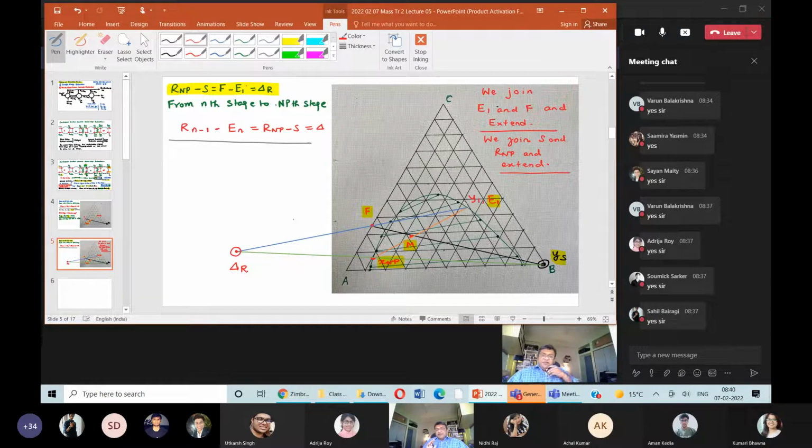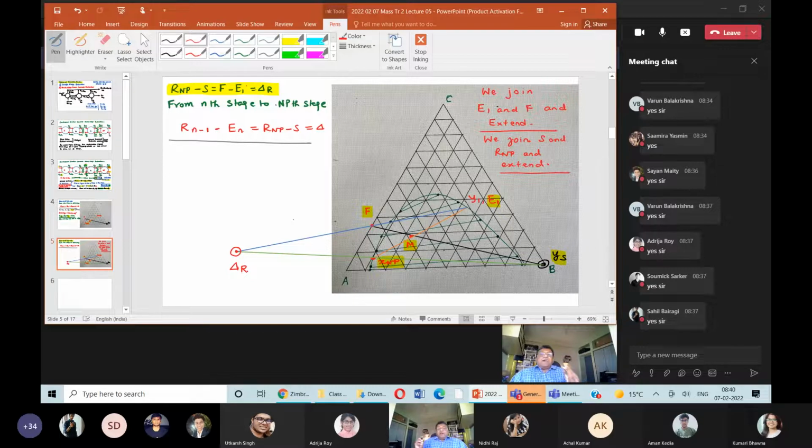Of course you have to locate it on your sheet. So the standard trick is that when you are solving a problem for this type of a system, you keep your graph towards the right side so that these two lines are extended and they meet at delta.